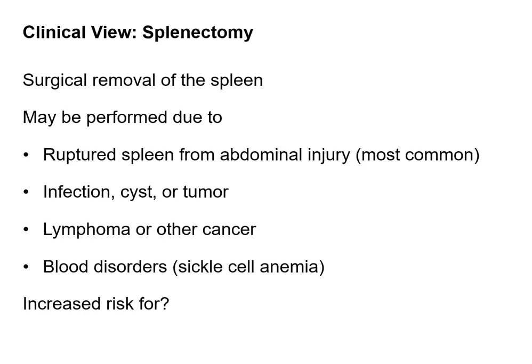The spleen is in between ribs 9 and 11 on the left side, and if you damage the spleen in between ribs 9 and 11, you should call 911, right? That's the way to remember not only the location but the potential for massive blood loss if you do damage the spleen, right?